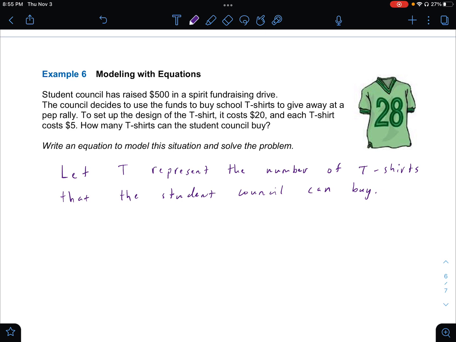Okay, so basically how many t-shirts they can afford to buy.